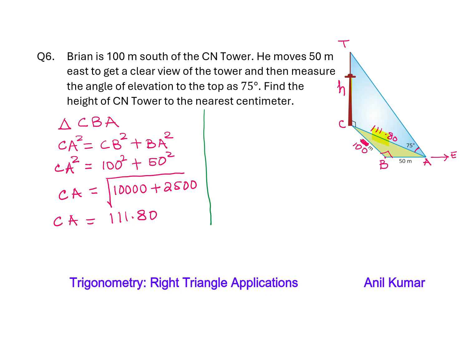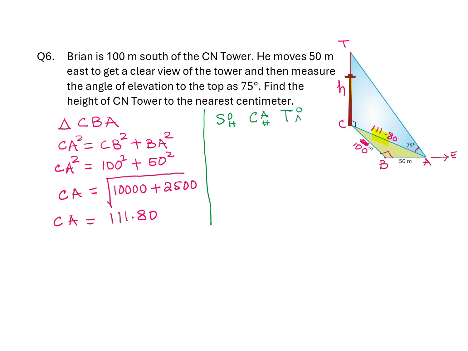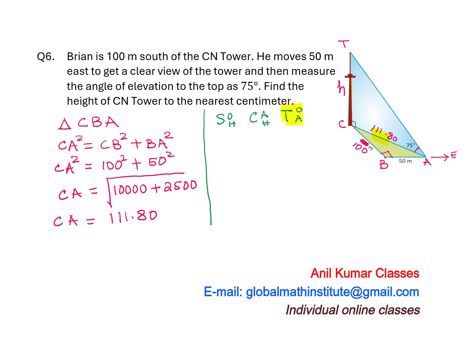The trigonometric ratio which can help us solve this out of the three known to you, you remember SOHCAHTOA: sine is the ratio of opposite to hypotenuse, cosine is adjacent to hypotenuse, and tan is opposite to adjacent.